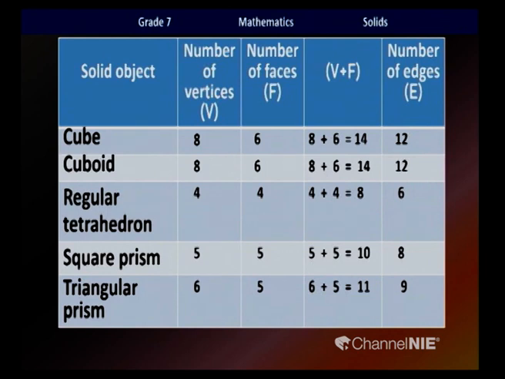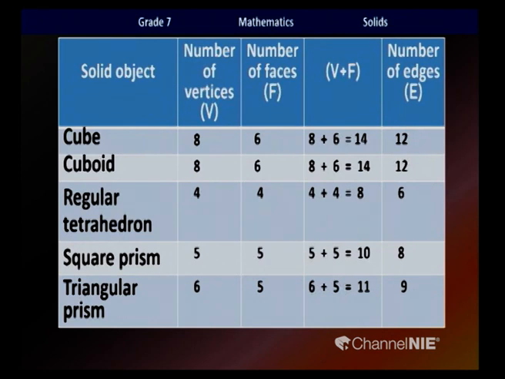The addition of the number of vertices and faces is equal to 14 and the number of edges is 12. Once again, the difference is equal to 2. Then when we consider the regular tetrahedron, the addition of the number of vertices and faces equals 8 and the number of edges is 6. Once again, the difference is 2.